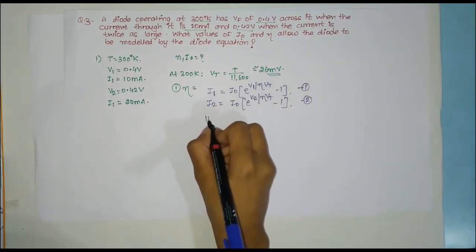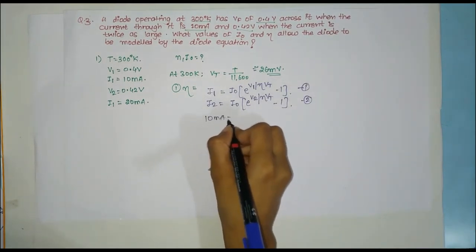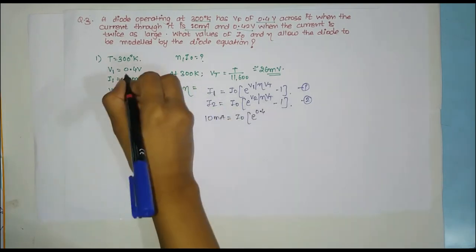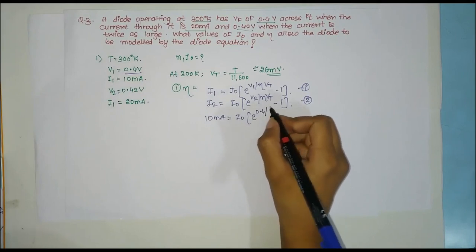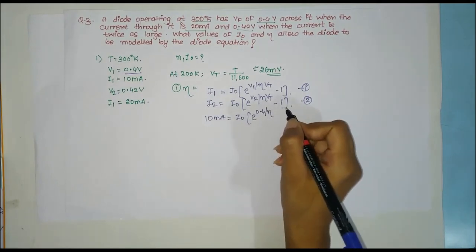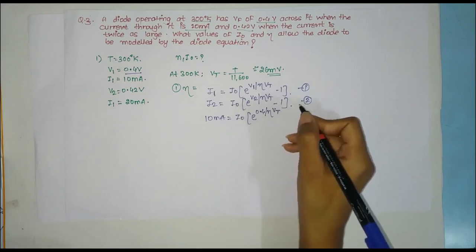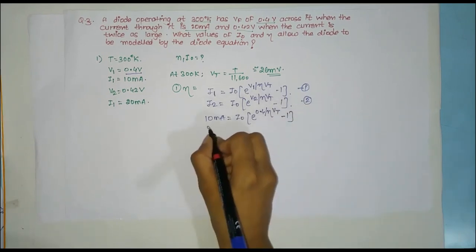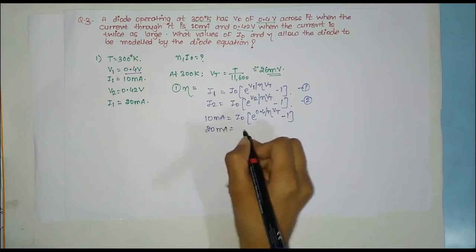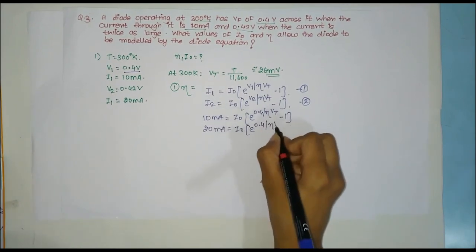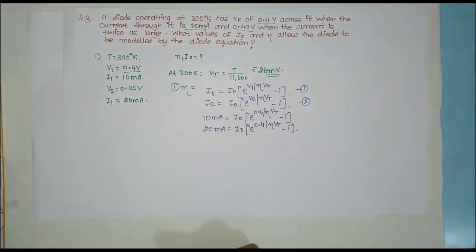Now substituting the values in equations 1 and 2. In equation 1 we'll write 10 milliamperes is equal to IO into e raised to V1, which is given to us as 0.4 volts, divided by eta, we need to find that, and Vt. For now let us write it as Vt, minus 1. And this is 20 milliamperes is equal to IO into e raised to 0.42 upon eta Vt, minus 1, right?